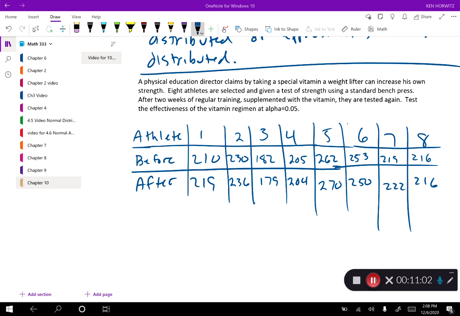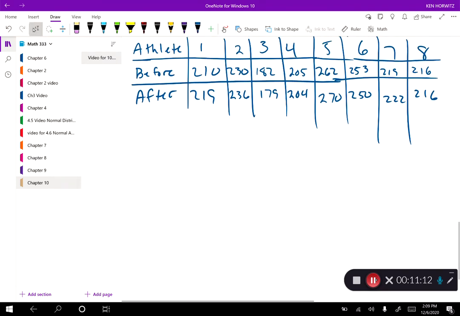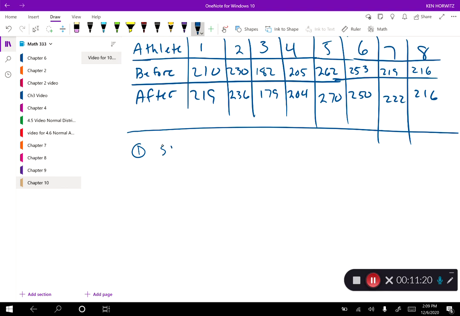All right, hopefully you wrote down what you needed to, but we are going to get to it. So the first step we're going to do in the overall process is to state the hypotheses and identify the claim.